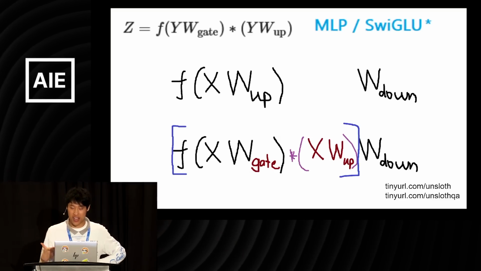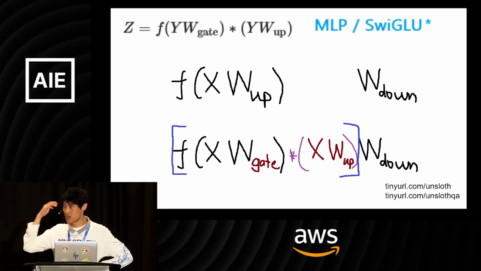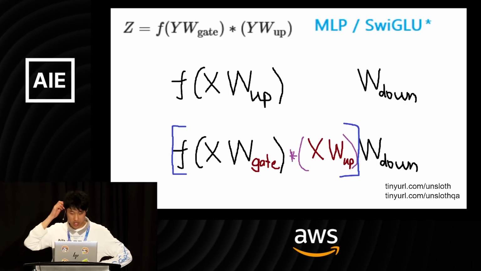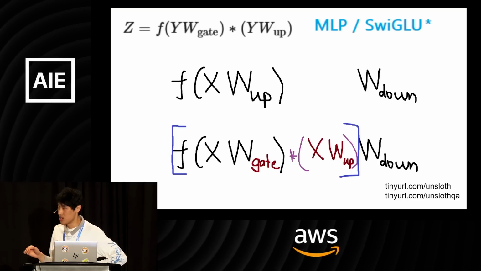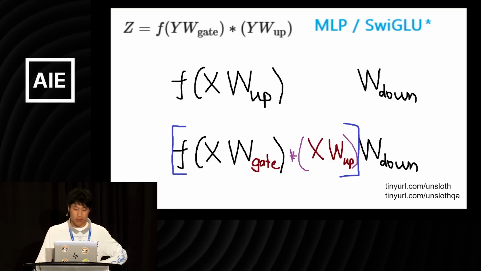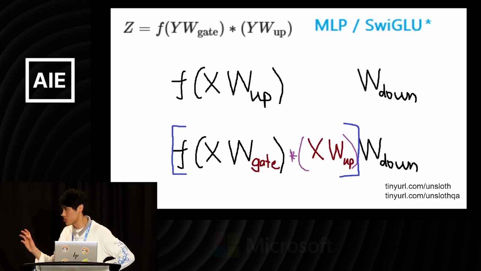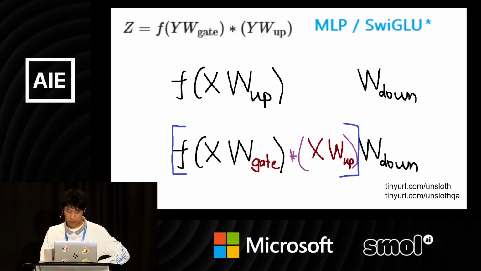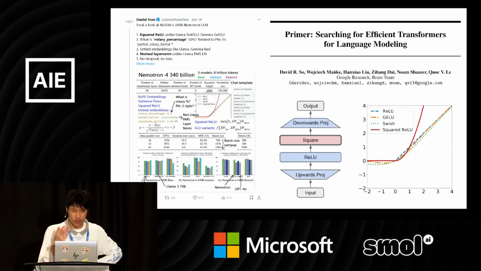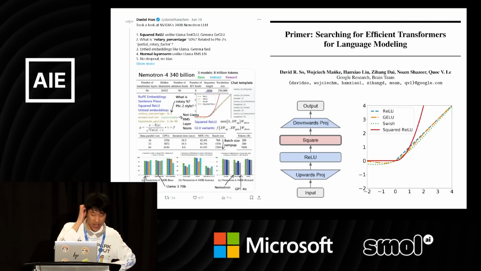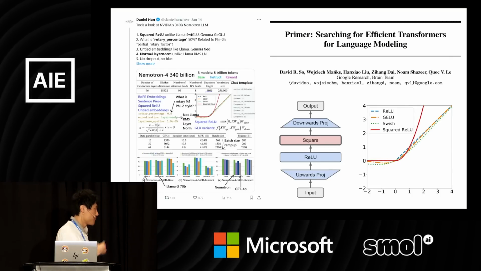You don't need to use Llama architecture anymore. So Llama and Mistral, Gemma, all used the second equation. GPT-2 used the first equation. You can go back to the first equation, but the trick is the F must be very special, and that's called squared ReLU. And they showed that if you do this, your accuracy does not degrade that much. And so, yes, the paper.